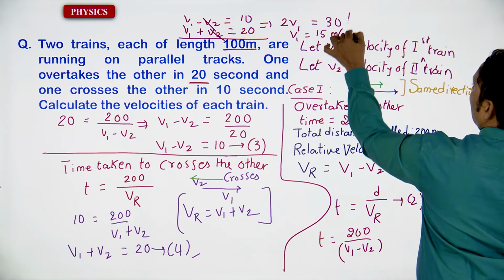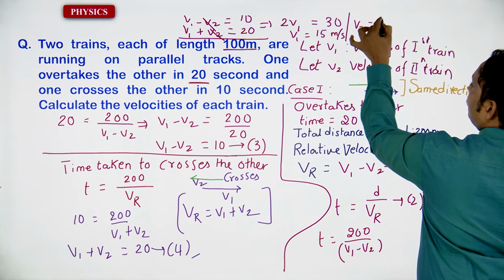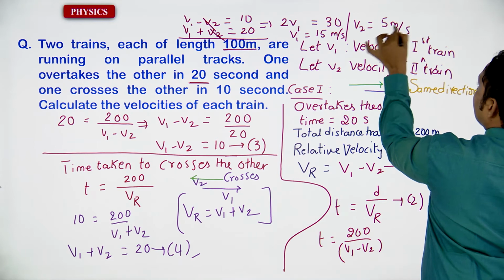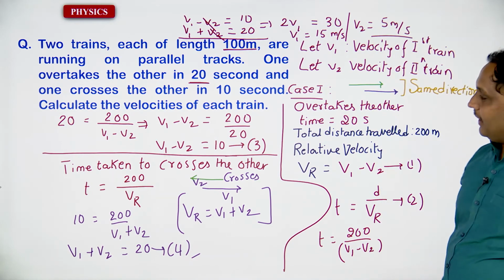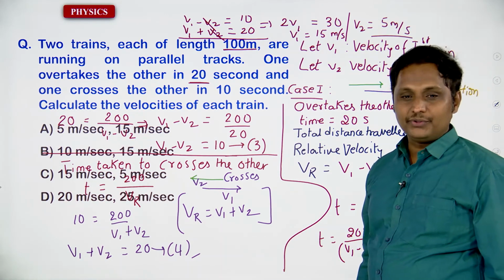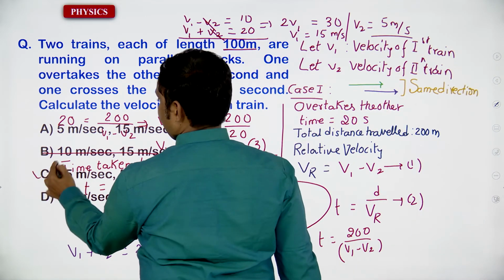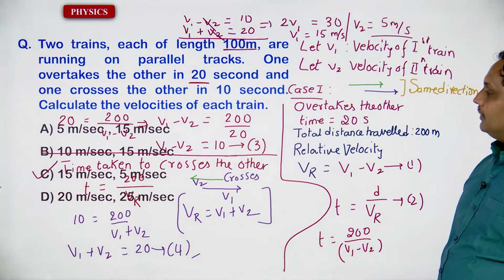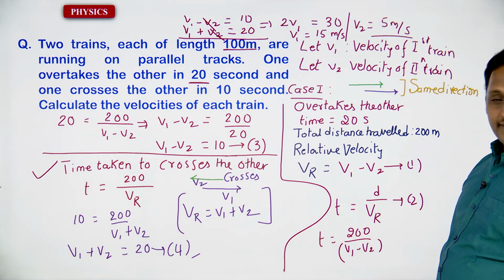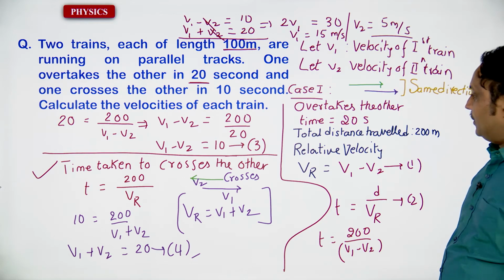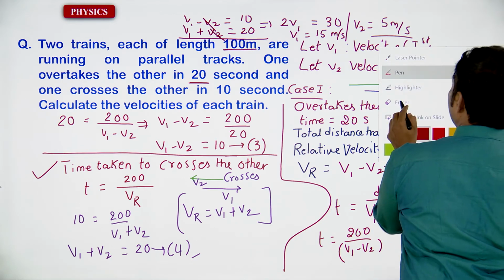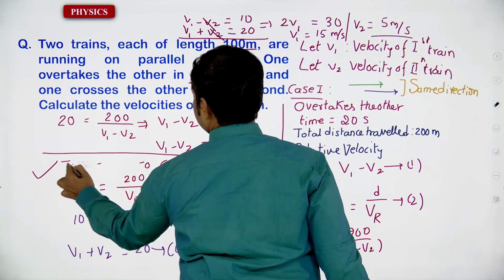So V2 is equal to 5 meter per second. It's very clear. Okay, let's have a look into that matter. If you are going to get this one, C is the correct answer. Just we would like to erase some part to have that clarity.